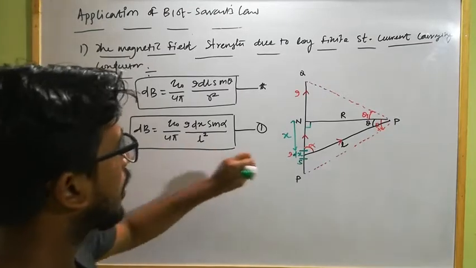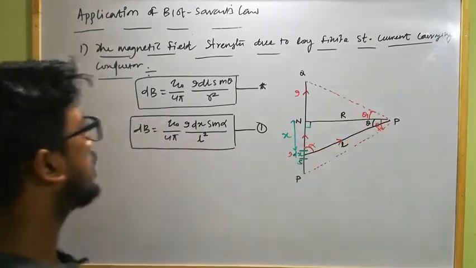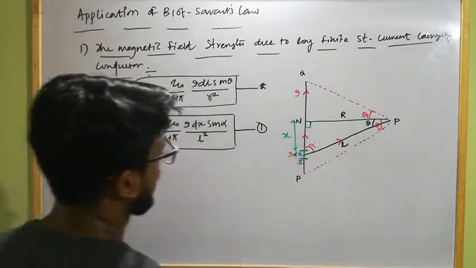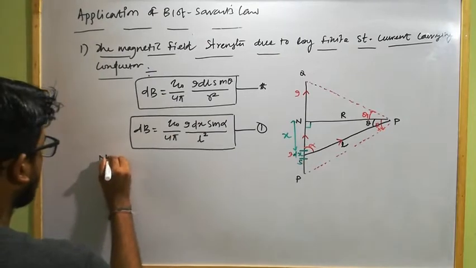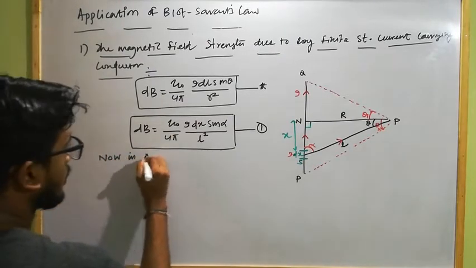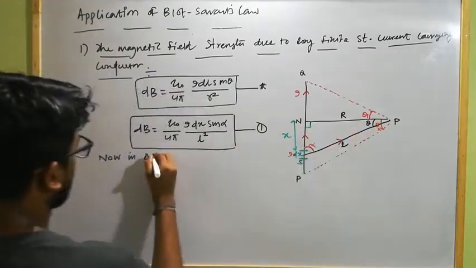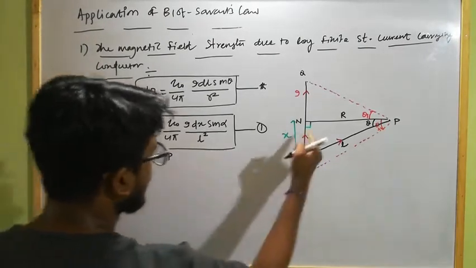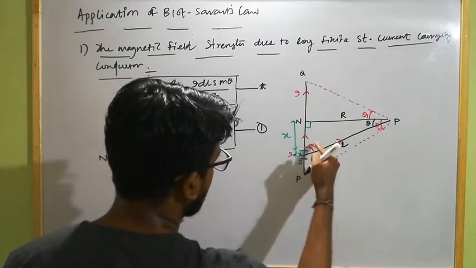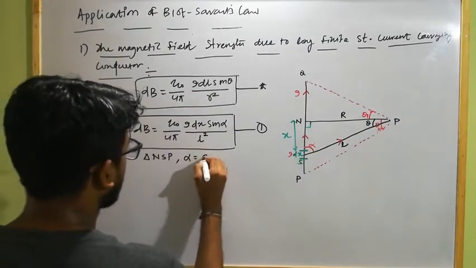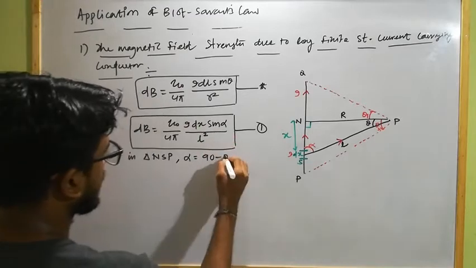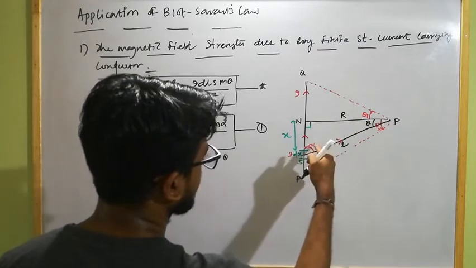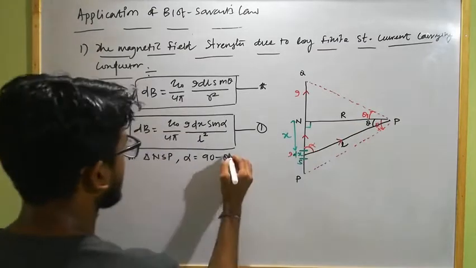So now we have to calculate the magnetic field strength at point P. From this triangle, what is the value of alpha? In triangle NSP, as this is 90 degree and this is theta, alpha will be 90 minus theta.